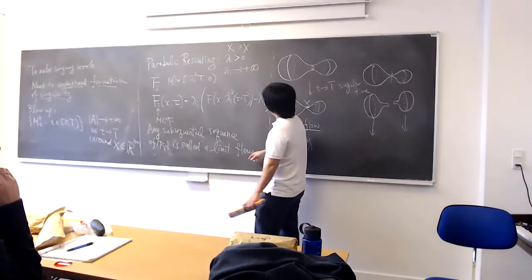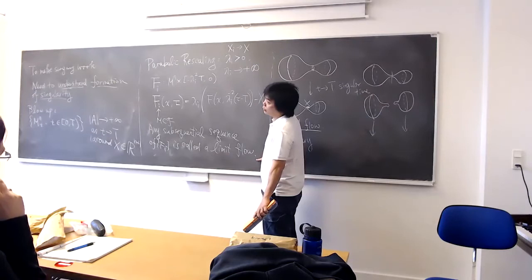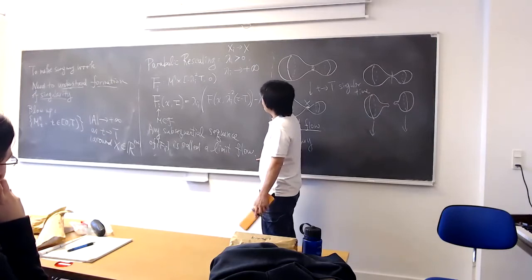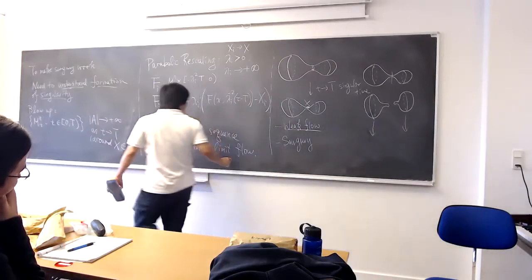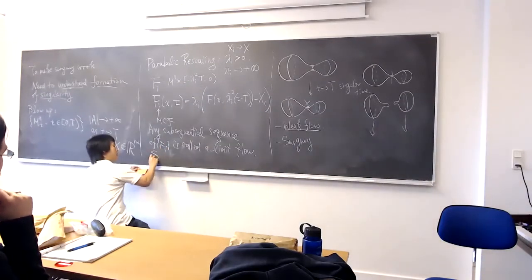And I want to point out that this is where we get what we call the ancient solution. I haven't defined that yet. Let me just give a name for the limit flow: it's going to be S of T.